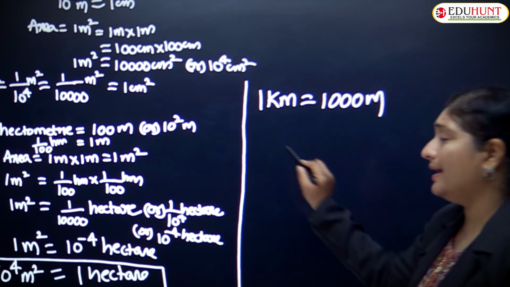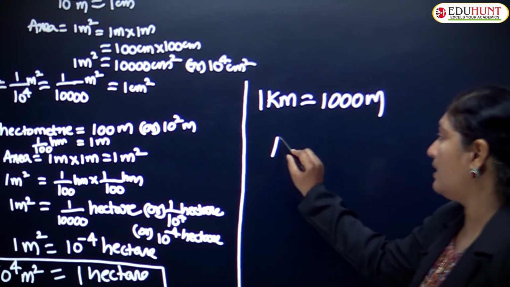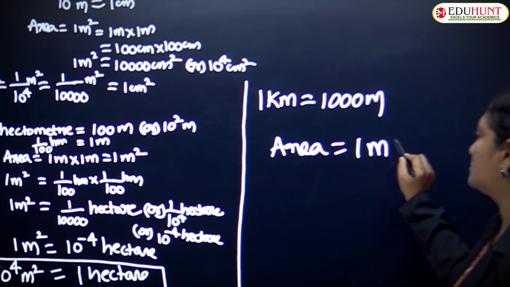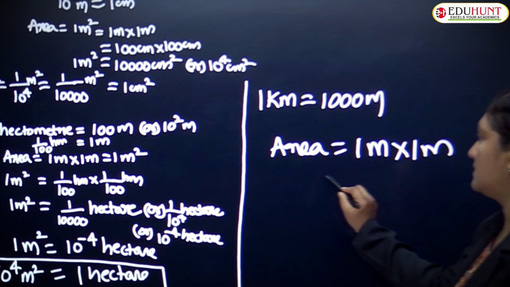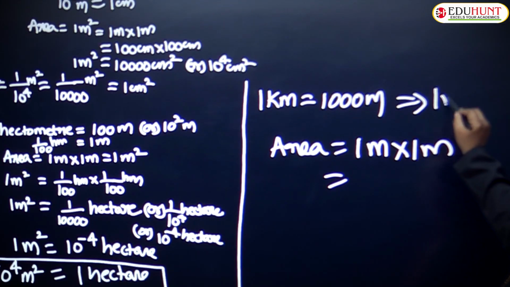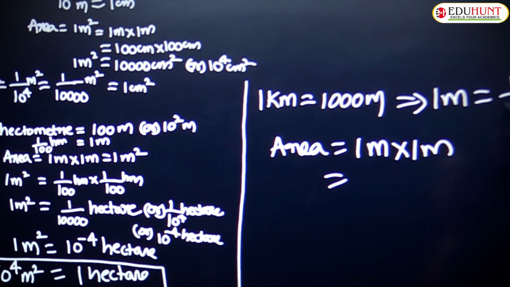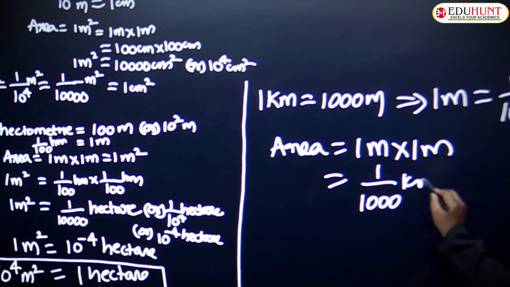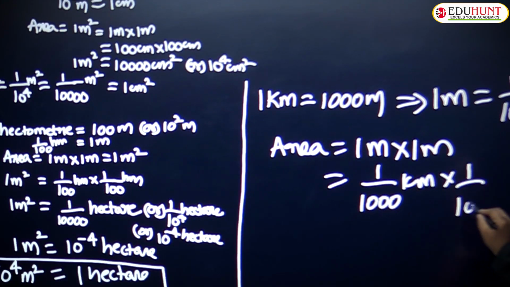So, again area in SI system is equal to 1 meter into 1 meter. Instead of 1 meter, I can write it as 1 by 1000 kilometer. Isn't it? So, this can be written as 1 by 1000 kilometer into 1 by 1000 kilometer.